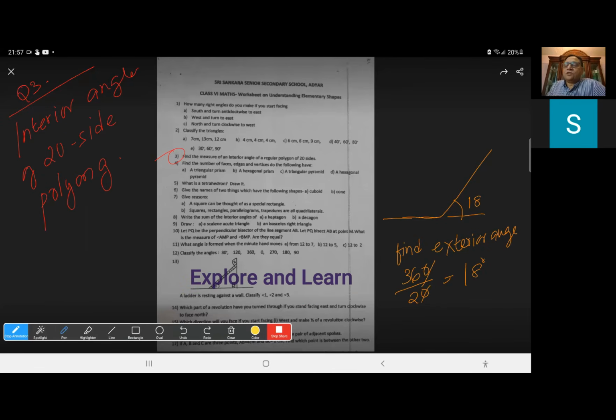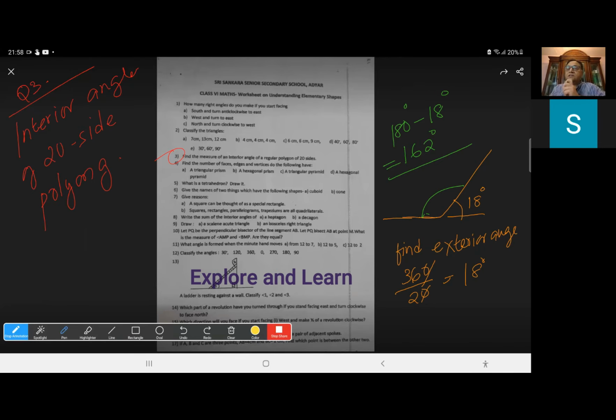So the interior angle is how much? 180 degrees minus 18 degrees, correct? Because a linear pair, a straight line, is 180 degrees. So how much do you get? 126. Sorry, 162.